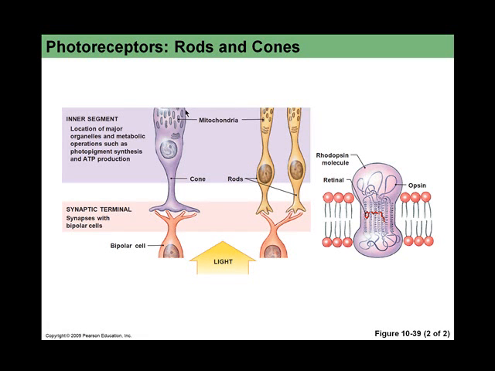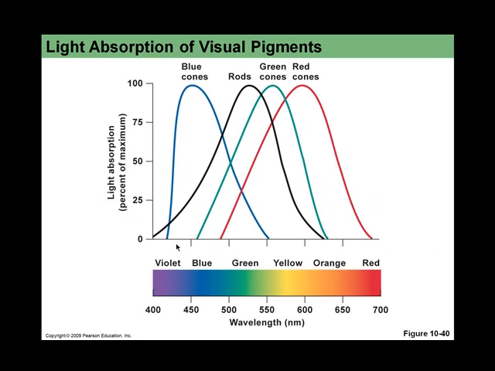The actual photon detector system will be converted to a membrane potential that will change along here and then cause some type of chemical signaling at the synapse with the bipolar cells. And then, of course, the bipolar cells will, as we saw, communicate, have synapses with the ganglion cells.